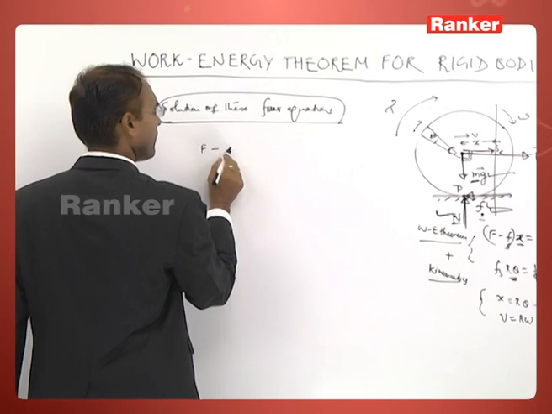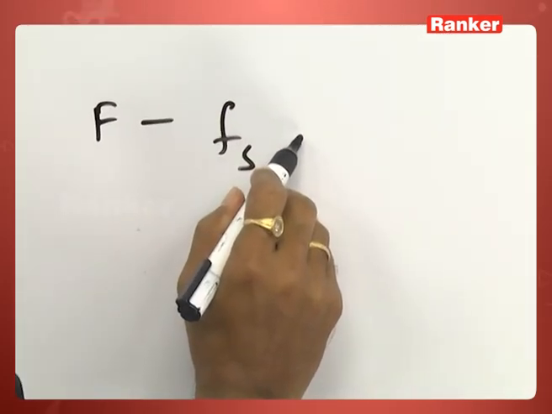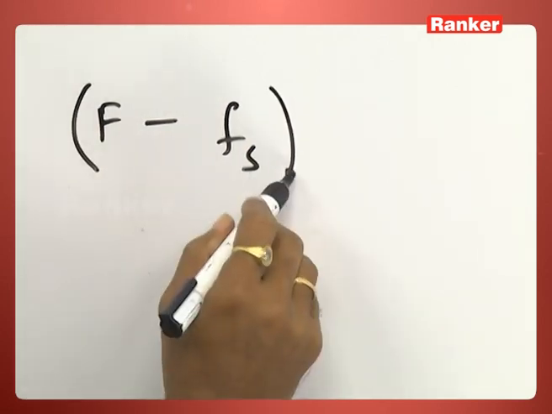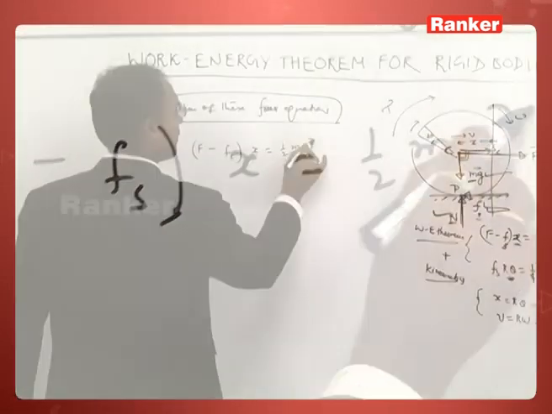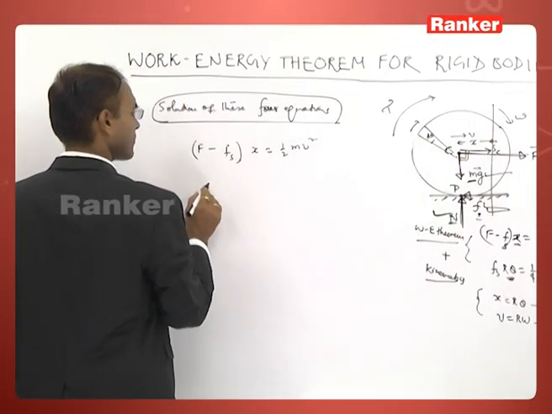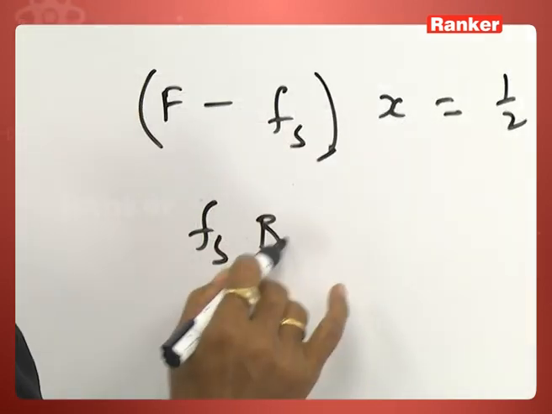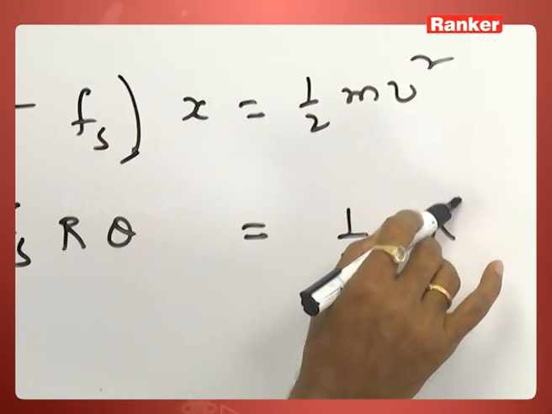F minus Fs into x is equal to half mv square. Fs into r theta is equal to 1 by 4 m r square omega square.